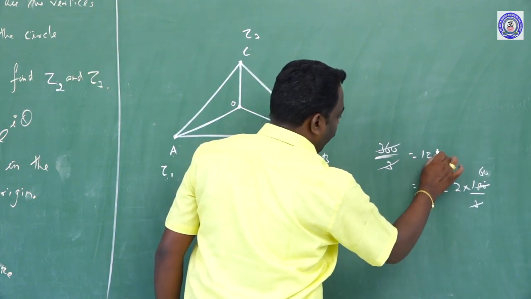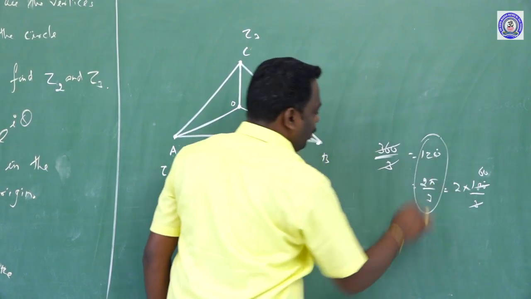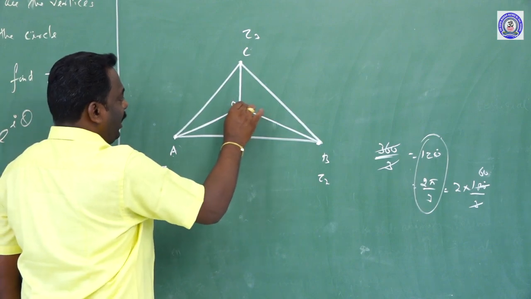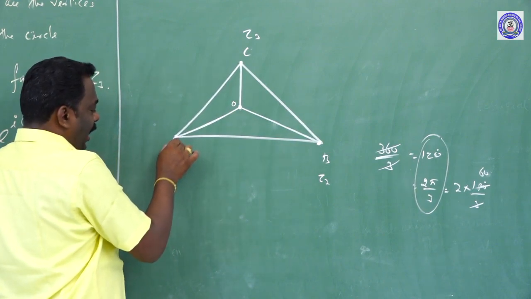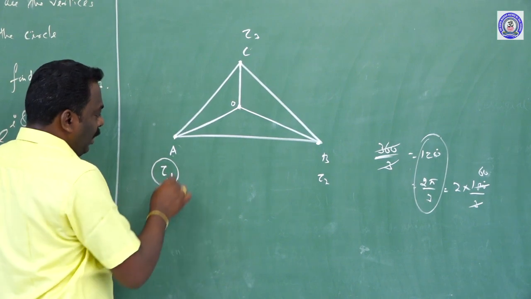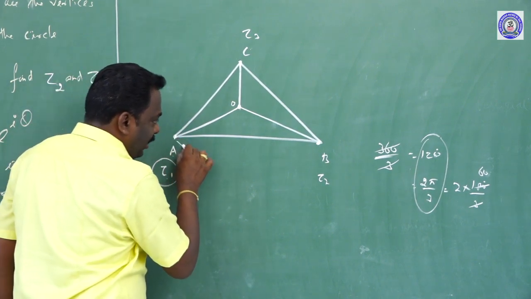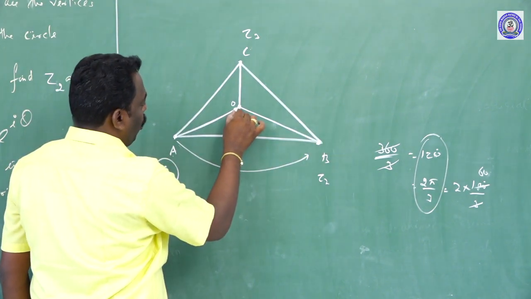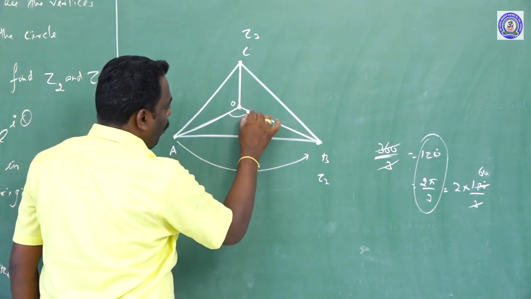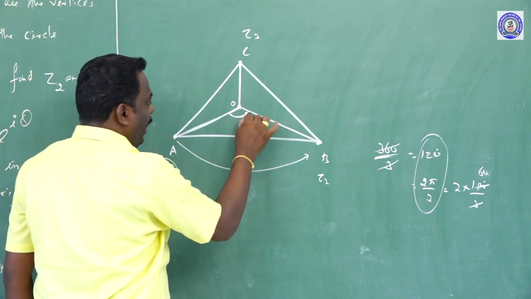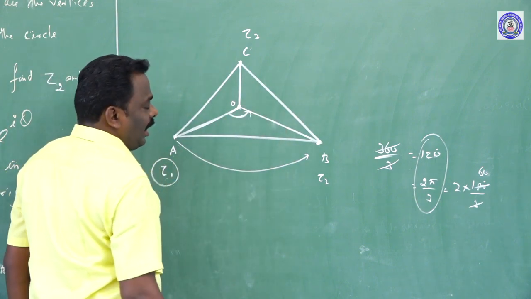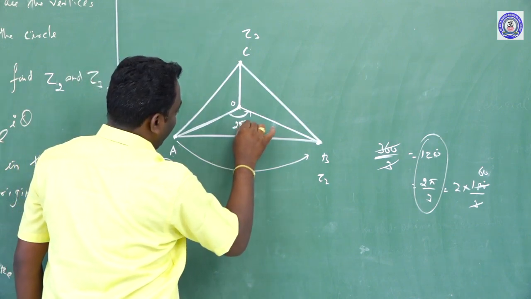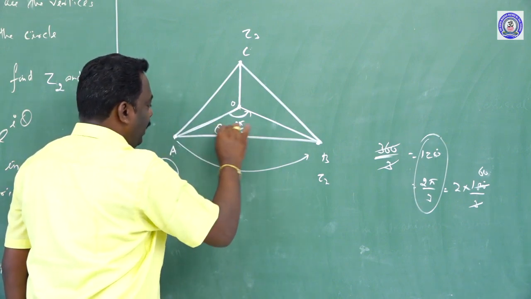Therefore 120 degrees can be written as 2 pi by 3. From the origin, the point A is the complex number Z1. Moving in the anti-clockwise direction by the angle from line OA to line OB, the angle theta is 2 pi by 3.